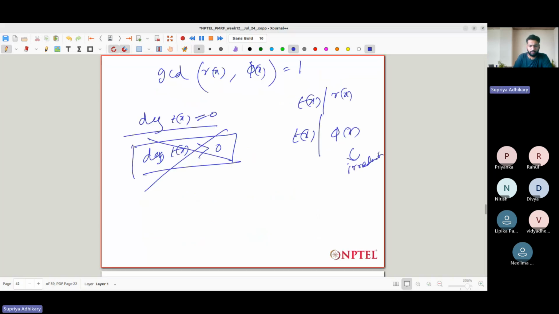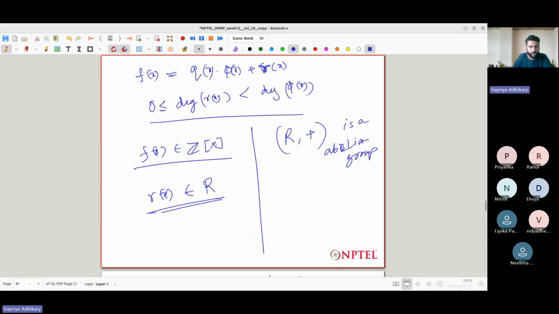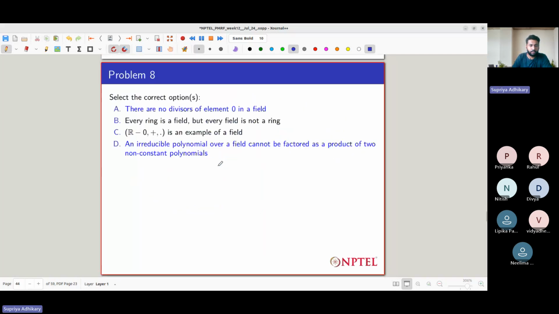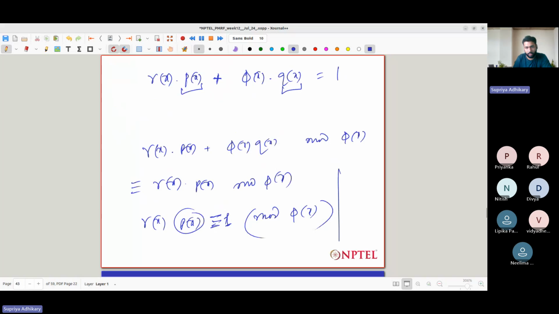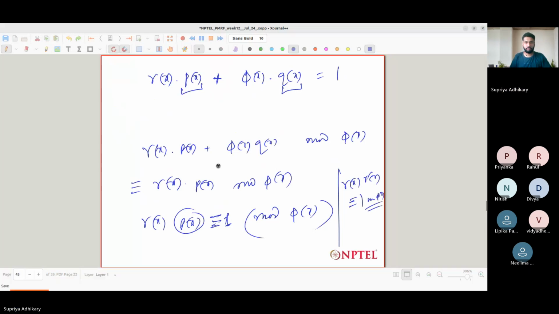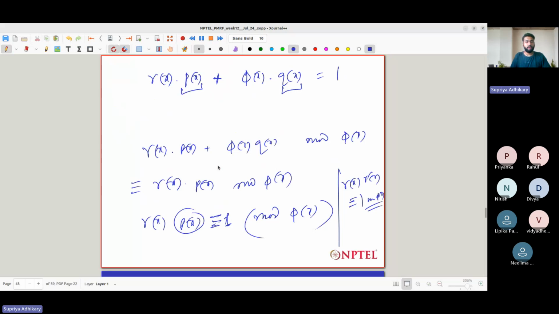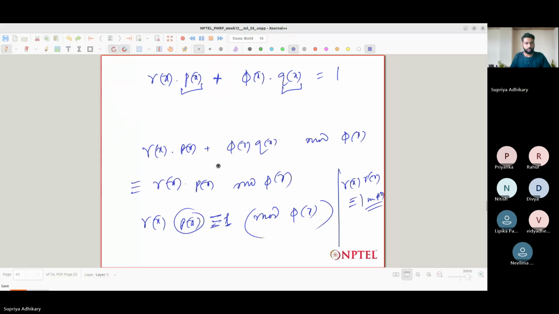And again, using the same method, if P(x) is some polynomial that has degree greater than phi(x), then we can write P(x) in this form, and then we will get some R'(x), and we can then show that for R(x) and R'(x) also, this is congruent to 1 mod phi(x).